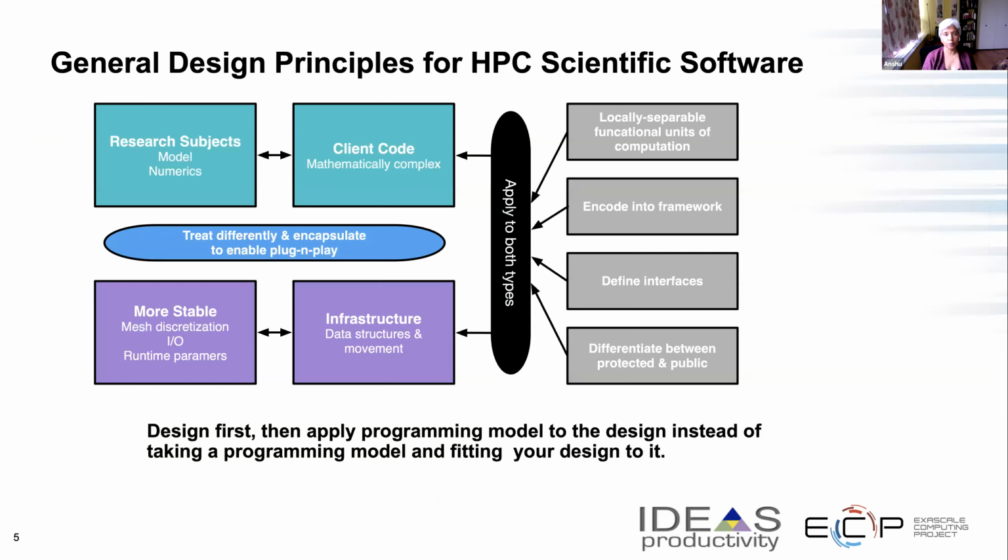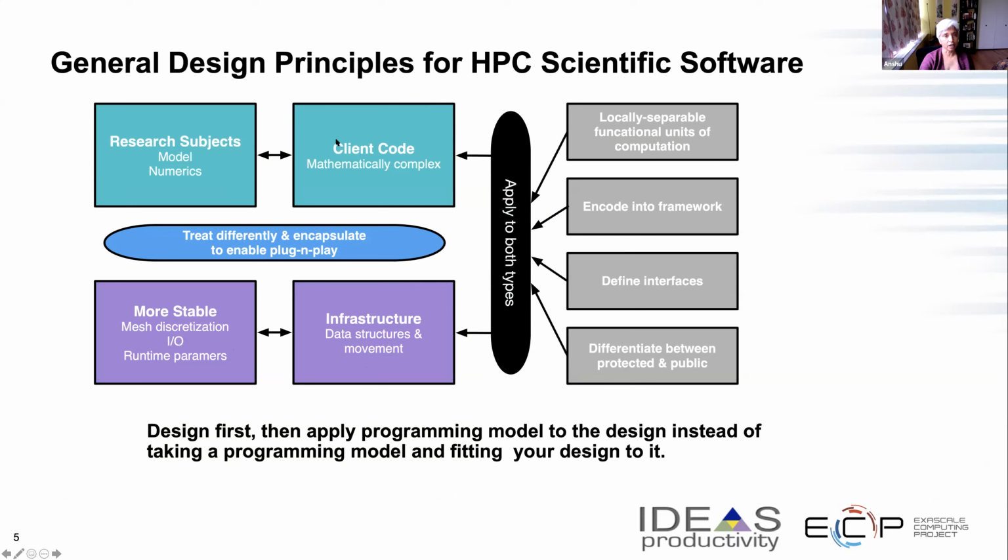So the appropriate way to look at the design of the codes is through the schematic. What the schematic shows is that the purple parts of the code are the more standard, more stable parts of the code: mesh, discretization, etc., and the infrastructure that handles the data structure, the data layout, and movement.